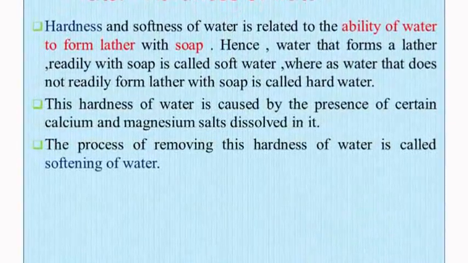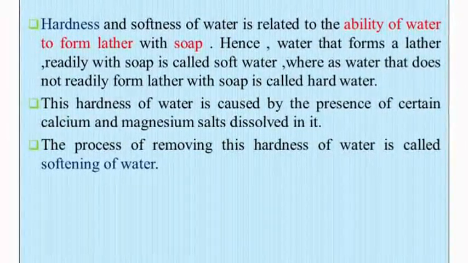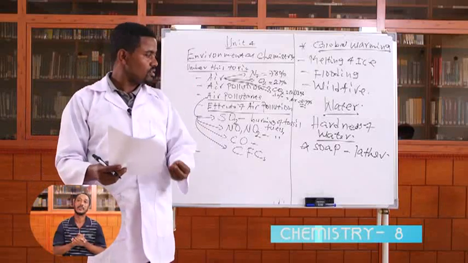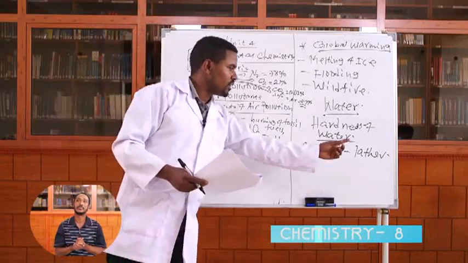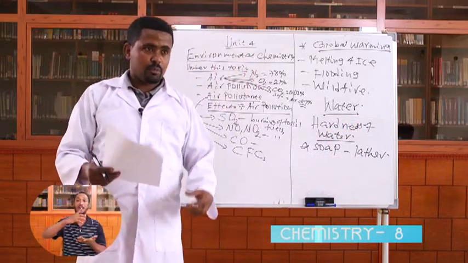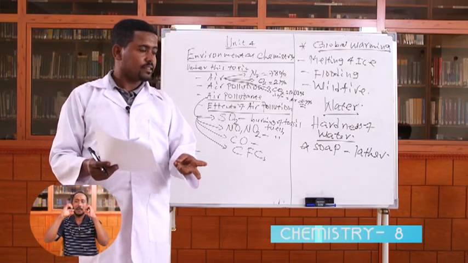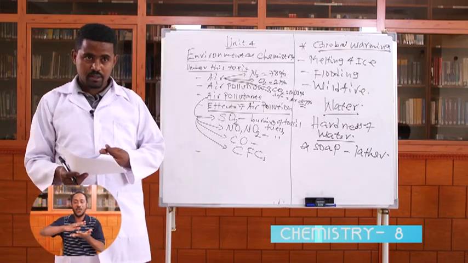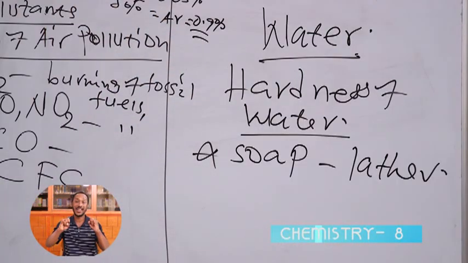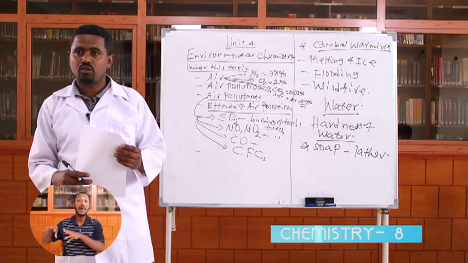When we say soft water, it is water that can produce enough amount of lather readily with soap. Based on the ability of water to give lather with soap, you can classify water as hard water and soft water.